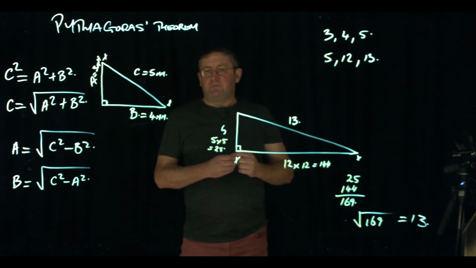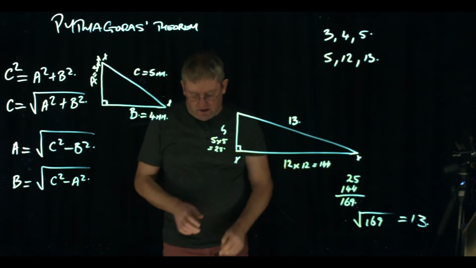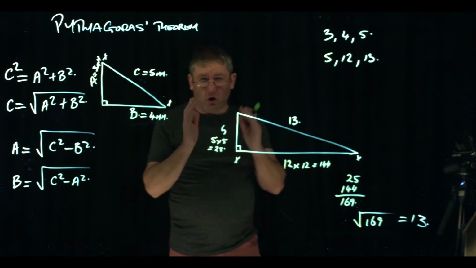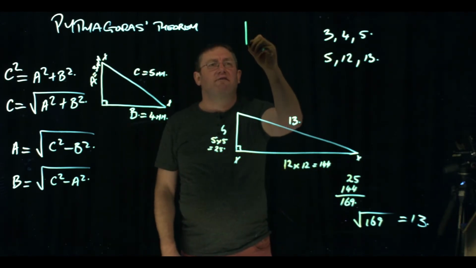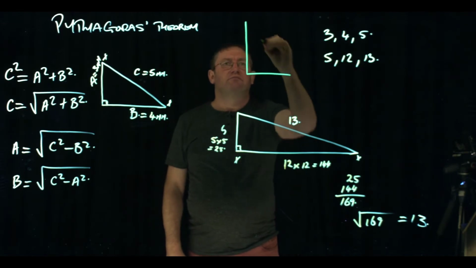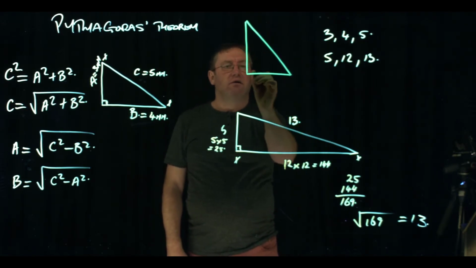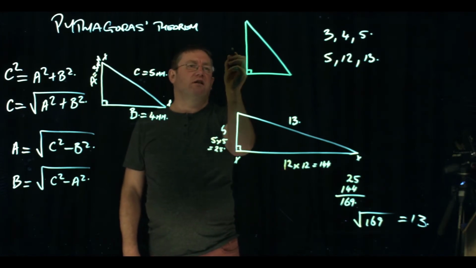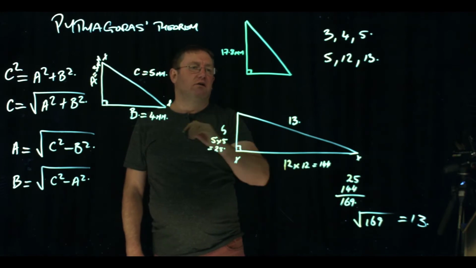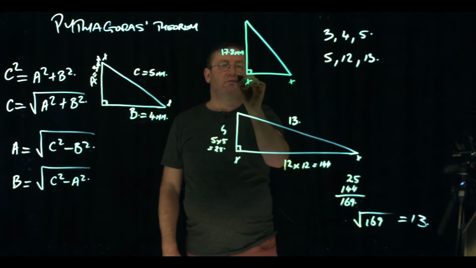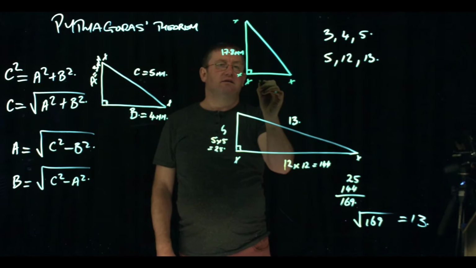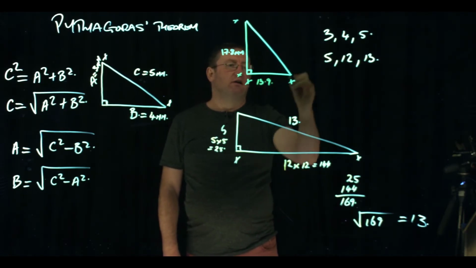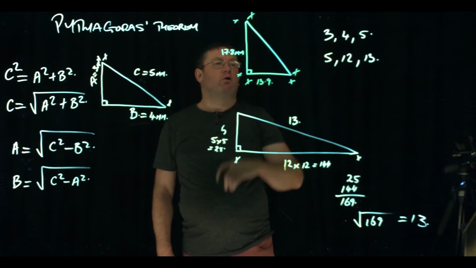So now let's say you've got a triangle with odd lengths that actually have decimal places in them. We'll do another one here. Right angle symbol. We'll start off with two short sides. We'll say that this side here is 17.8 millimeters, and this side here is a bit shorter, so we'll say it's 13.9 millimeters, and we want to determine the long length.